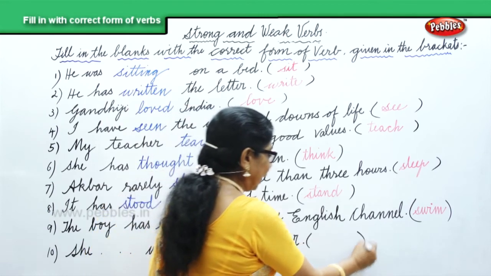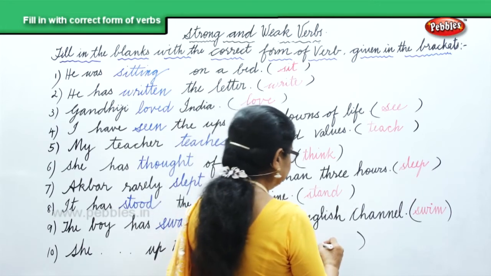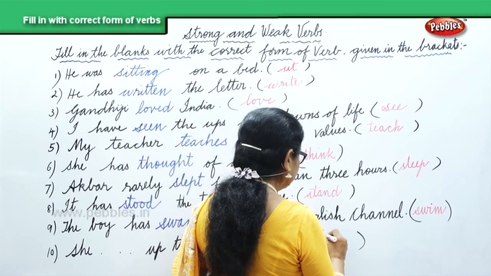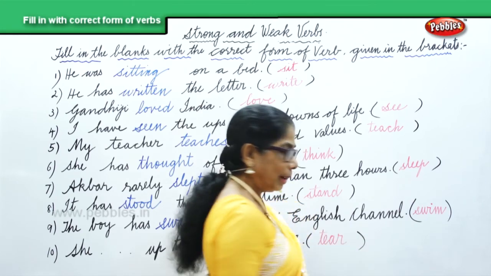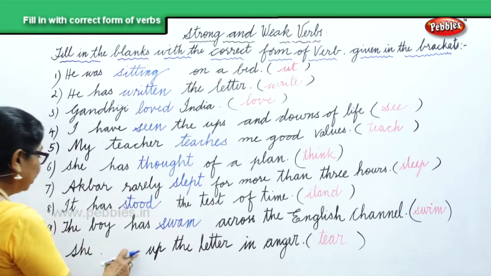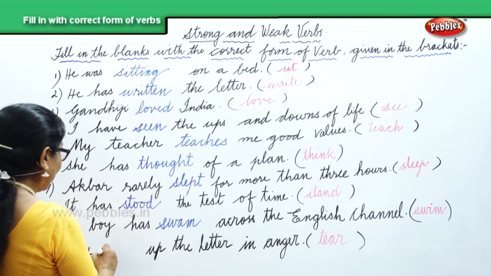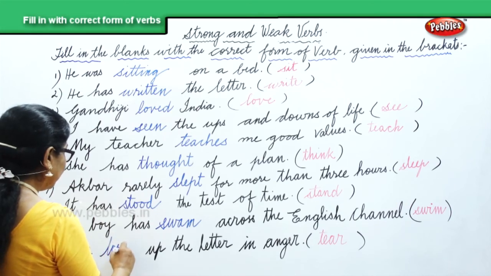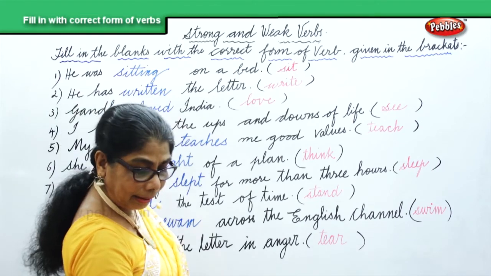And the word in the bracket is tear. So now you change the form of the verb. She tore. She tore up the letter in anger.